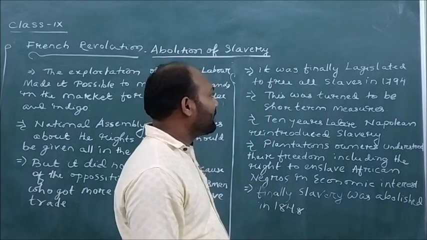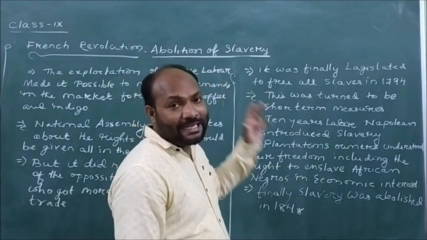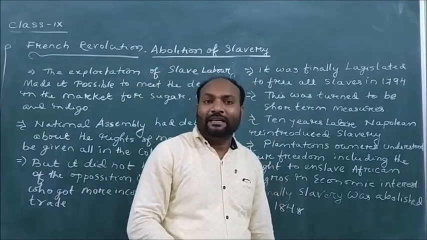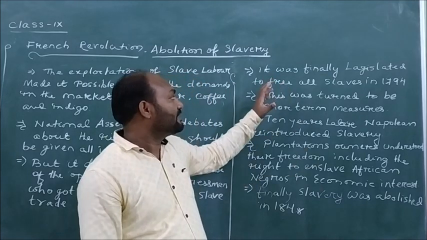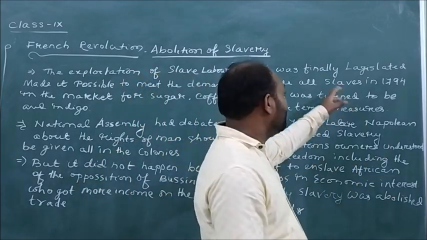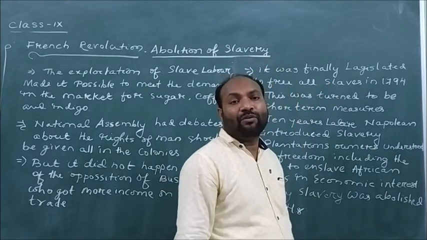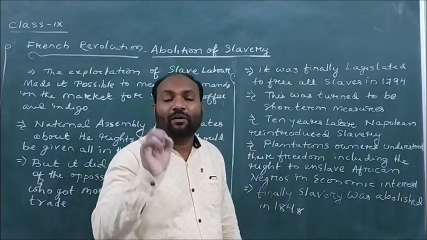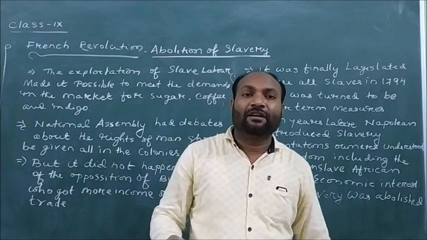So my dear children, finally in 1794 we see that the legislative council passed a law to free all slaves in the year 1794, but it happened only for a particular period of time.